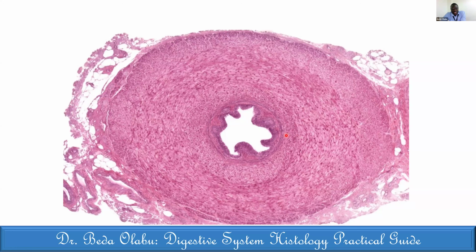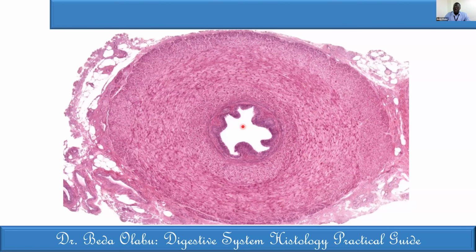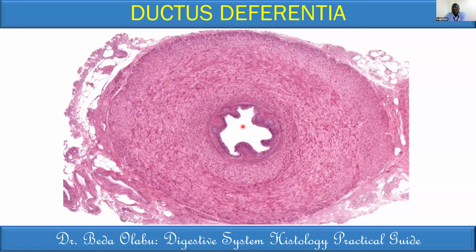These 3 are very characteristic for the ductus deferens, the vas deferens of the male reproductive tract. We'll talk about that at another time. The aim was not to identify it as male reproductive tract, but to pick that this is not alimentary canal. That was the purpose of the slide.